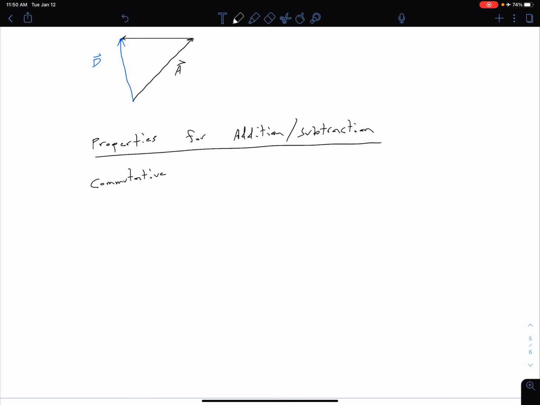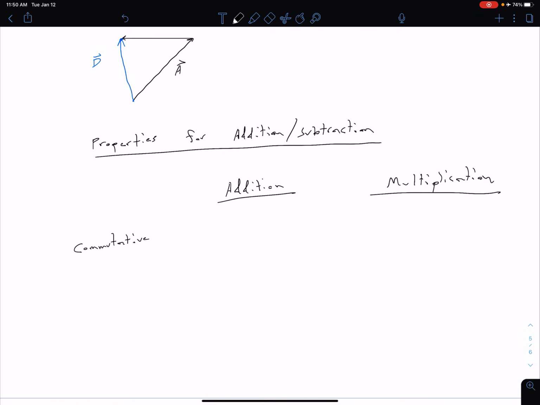And so for addition, let me do a couple different columns here, because we're going to have addition and then we're also going to talk about sort of simple scalar multiplication. So addition and multiplication. We're going to come back and talk about vector multiplication a little later on.